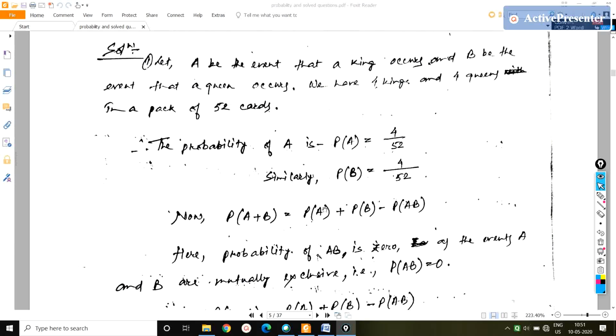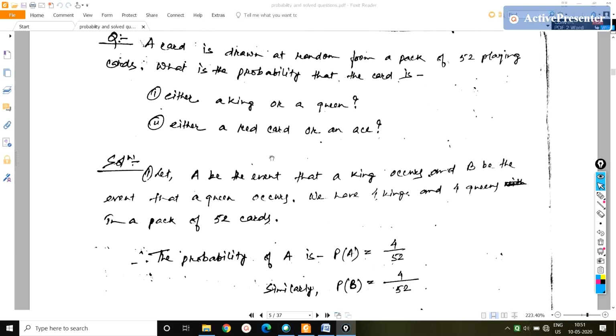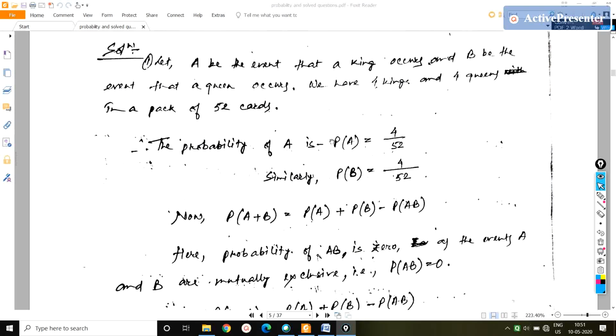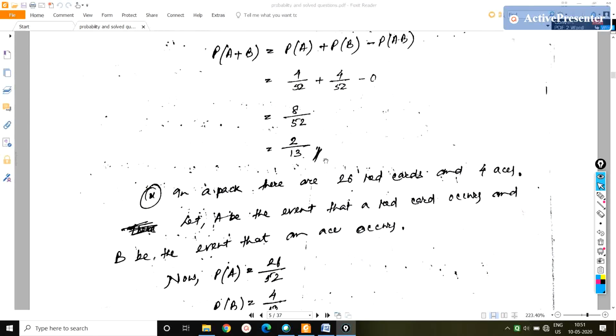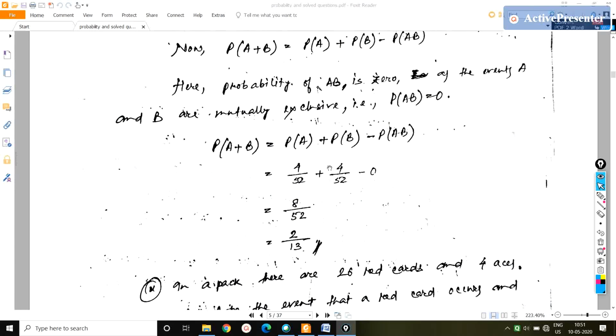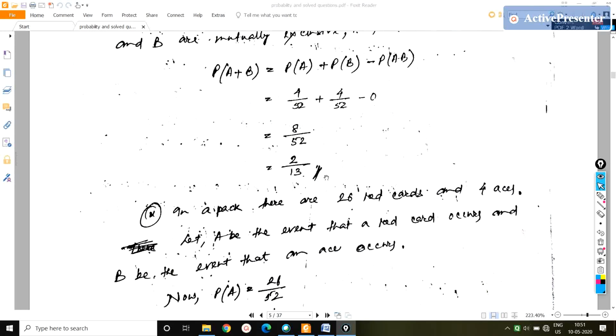Now if you see the second part of the problem, it tells that either a red card or an ace. It means that you get a red card or an ace. In a pack there are 26 red cards, 13 and 13, which we discussed last time, and the aces are 4 in number, that is you have 4 suits, each suit has one ace.